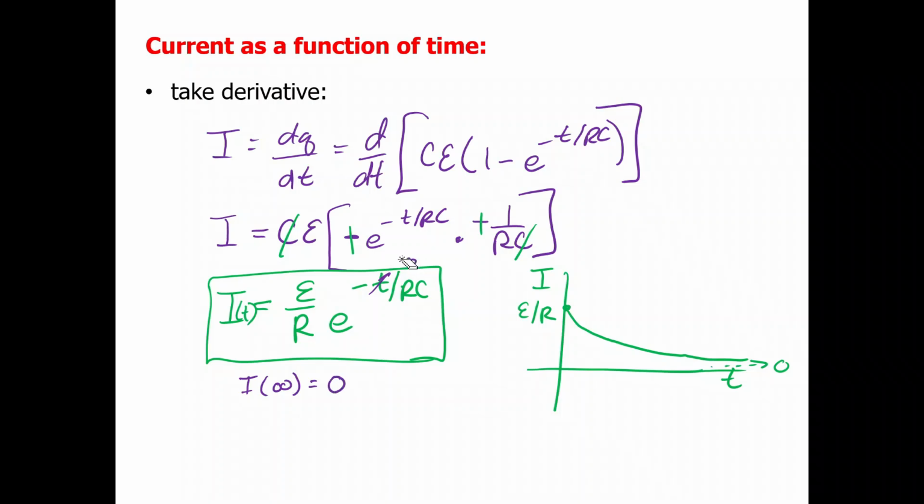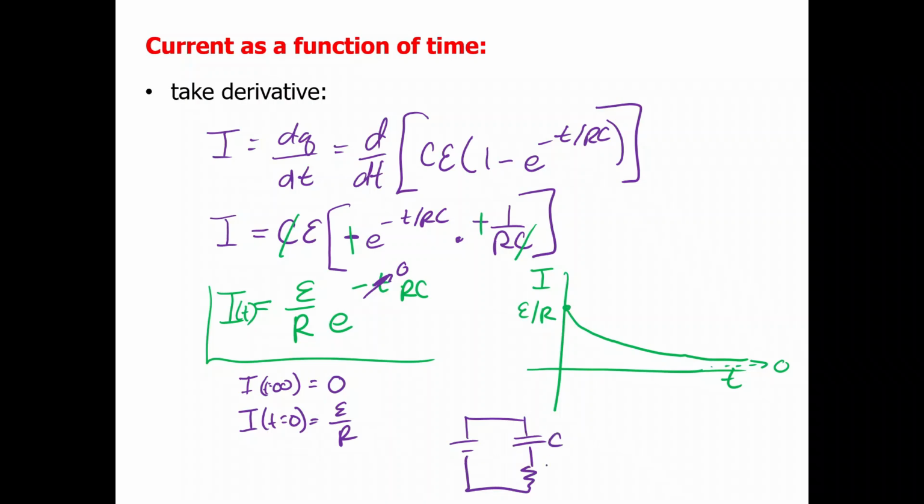If we look at the start, at those initial conditions, and plug in a 0, e to the 0 was 1. So I of t equals 0 is going to be E over R. That E over R is significant. That's just Ohm's law, and that is our EMF, because remember, we're dealing with a simple series circuit. And remember, when that capacitor is uncharged, it behaves like a wire with no resistance.